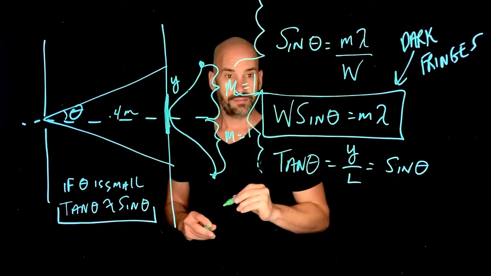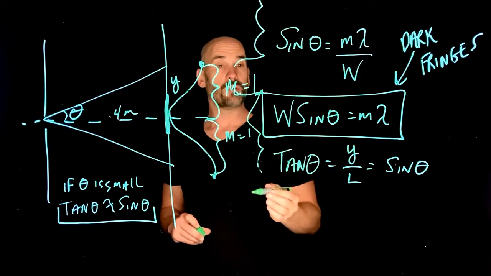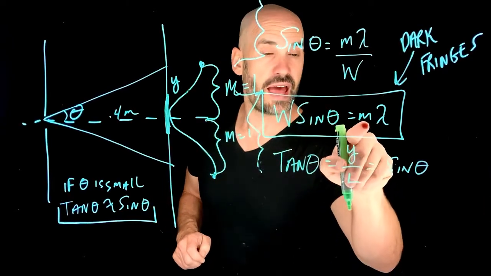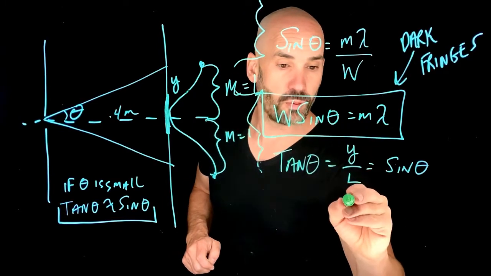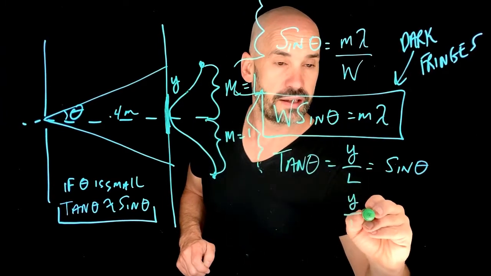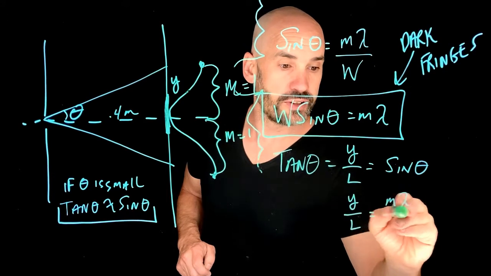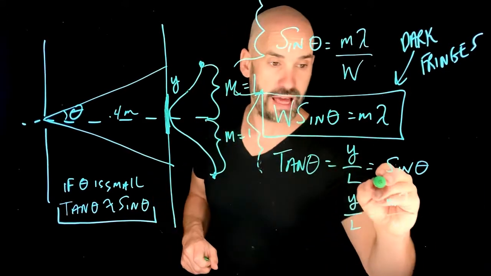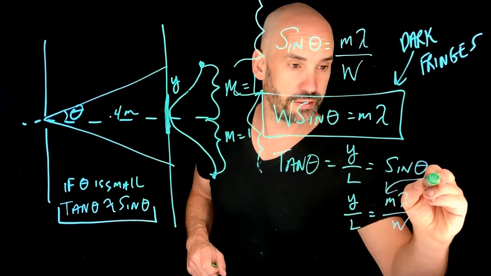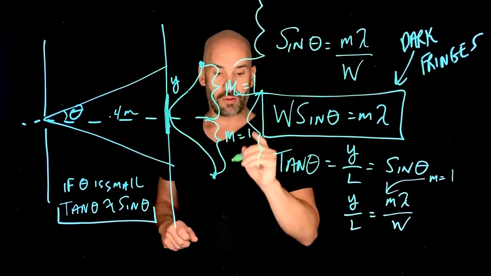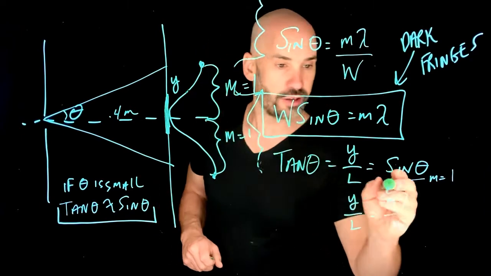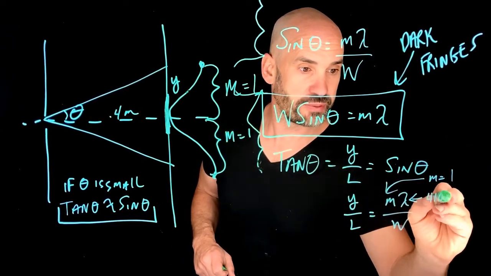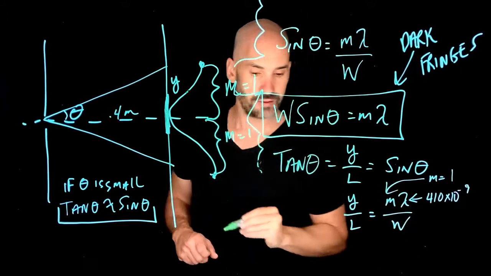Right? But again, we know that sine theta is m lambda over w. So y over L equals m lambda over w. Okay? And there's a bunch of things we know. We know that m is just 1. Okay? We know that lambda is 410 nanometers, or 4.1 times 10 to the minus 7 meters. Okay?